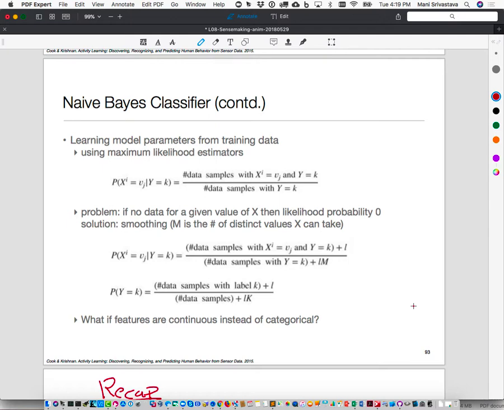But we run into a little snafu: if some value never occurs in the data set, if a particular P(x given y) doesn't occur, then that term in the numerator is going to be 0, and since we have a product, everything becomes 0. To cope with that, we do a little bit of smoothing, adding a smoothing factor L, and in the denominator it will appear as L times M, where M is the number of distinct feature vectors that can exist. So we end up with these formulas.